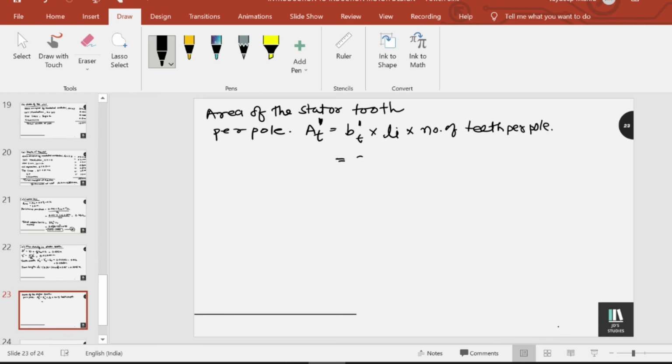What is the value of B dash T? 0.01068. What is the value of L_i? 0.3325. Number of teeth per pole is 96 divided by 8. Solve it, we will get 0.04261 meter square, which is the area of the stator tooth per pole.